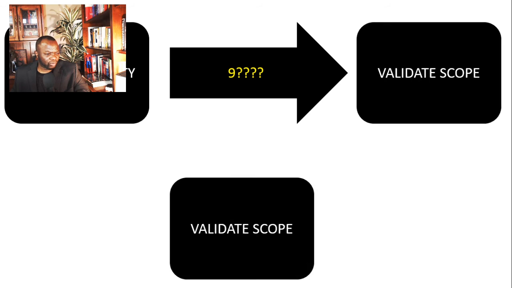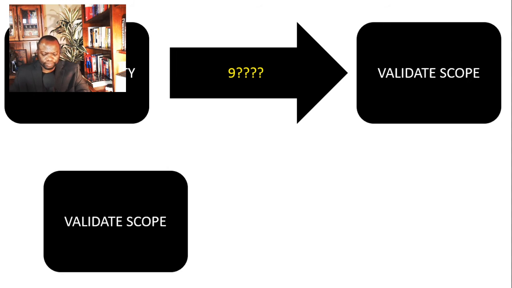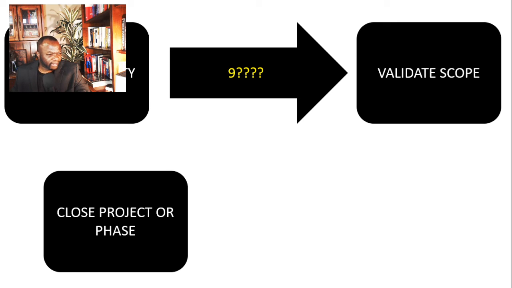So I'm going to give you 2 in 1. And I'm going to ask you what goes to close project or phase. And let's use a shape. That will make sense.